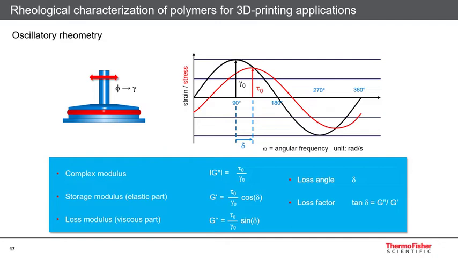And a phase angle close to 90 degree describes an almost entirely viscous material. Everything higher than 0 and smaller than 90 degree describes a viscoelastic material. The tangent of the phase angle is the ratio between G'' and G' and is sometimes also referred to as the damping factor.